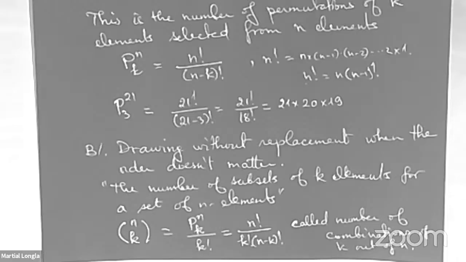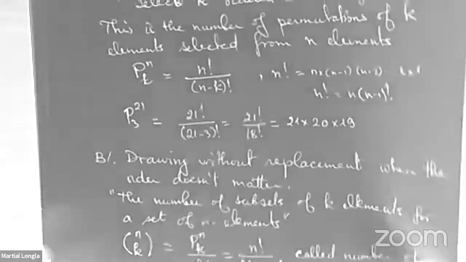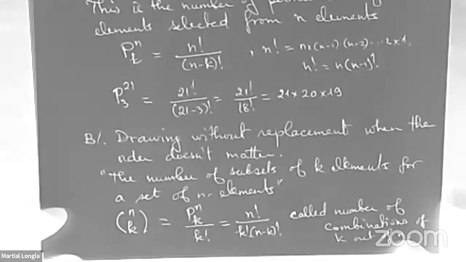If I have 4 elements, how many subsets of 3 can I get? That's, for example, the question. How many subsets of 3 elements can I get from a set of 4 elements? Is everybody okay already? So example: choose 3 out of 4.